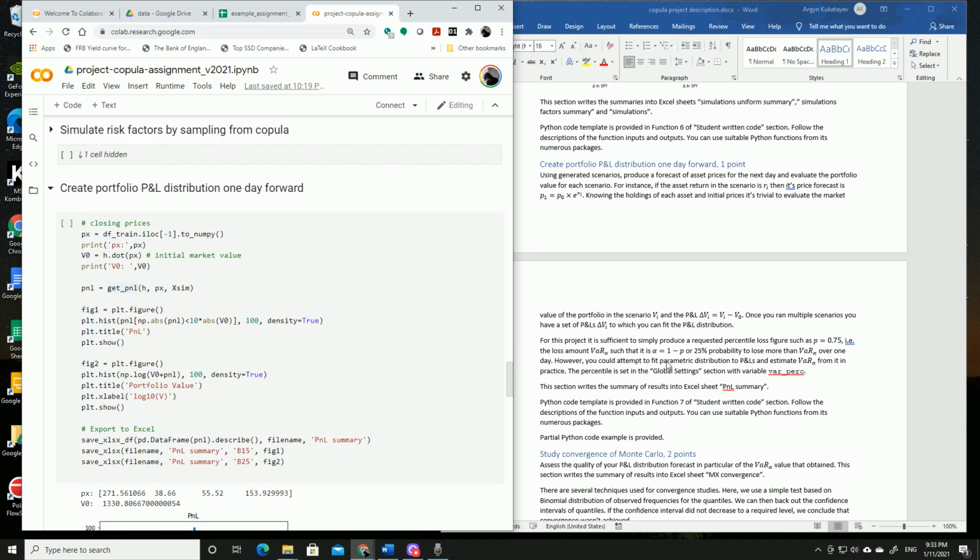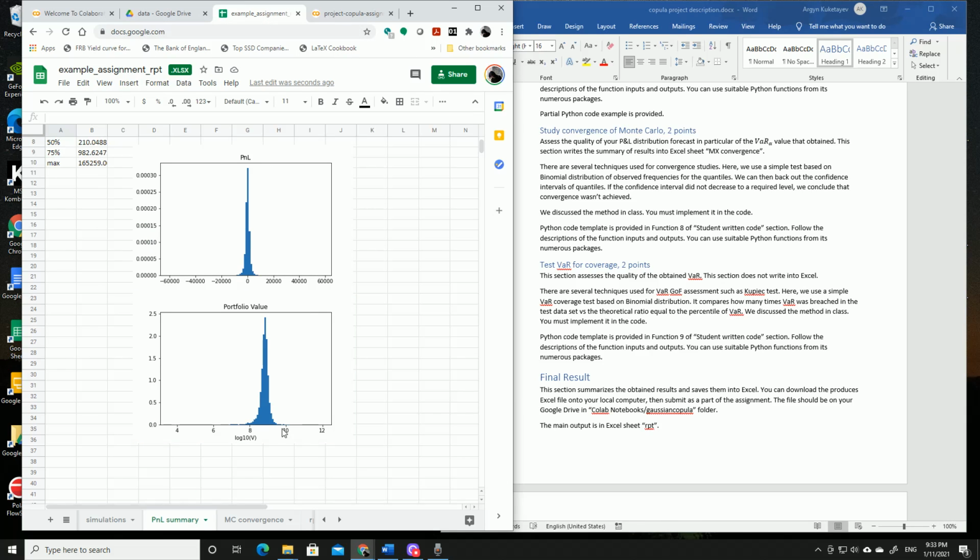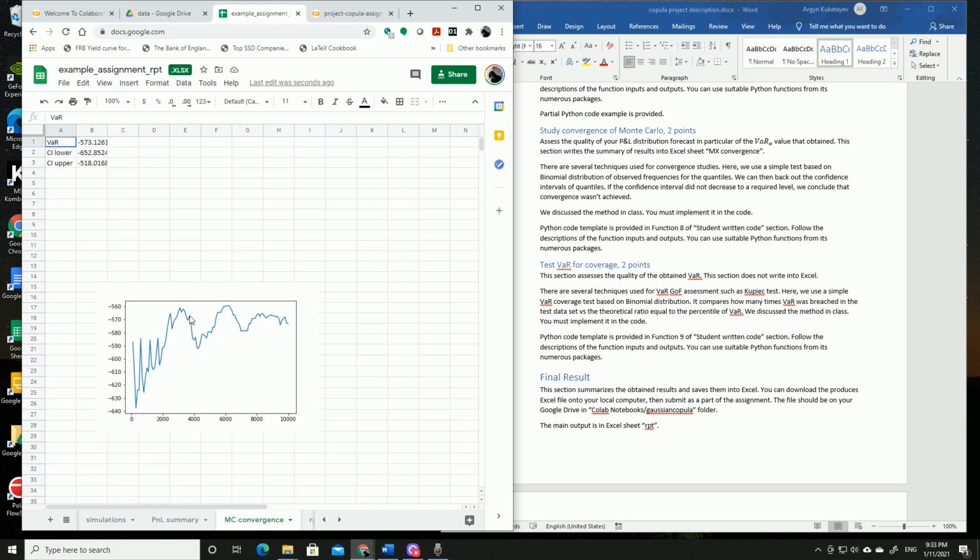We just need to first of all see whether the value at risk number is converging to any kind of number, because when you have Monte Carlo, every simulation brings you different numbers, so you run a lot of simulations and get some hopefully good number. So you will be producing a graph like this. It shows how the value at risk number is changing with the number of simulations.